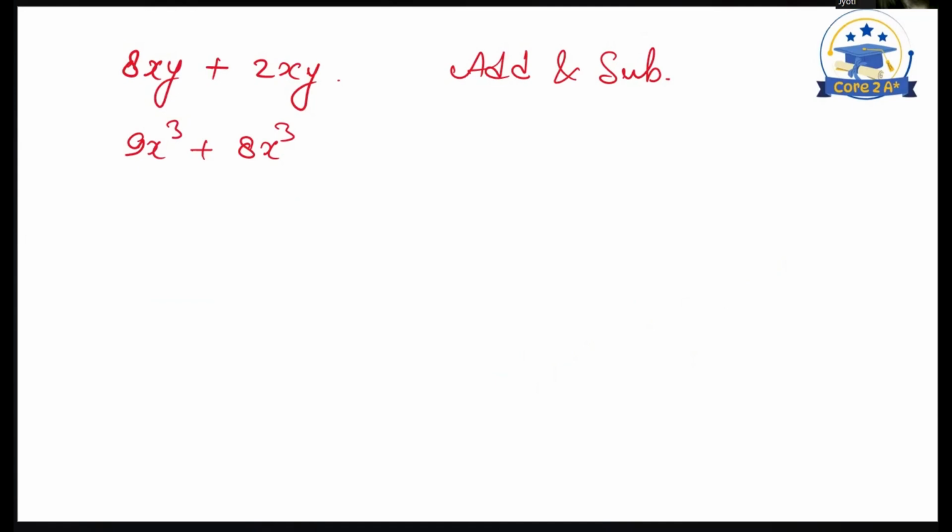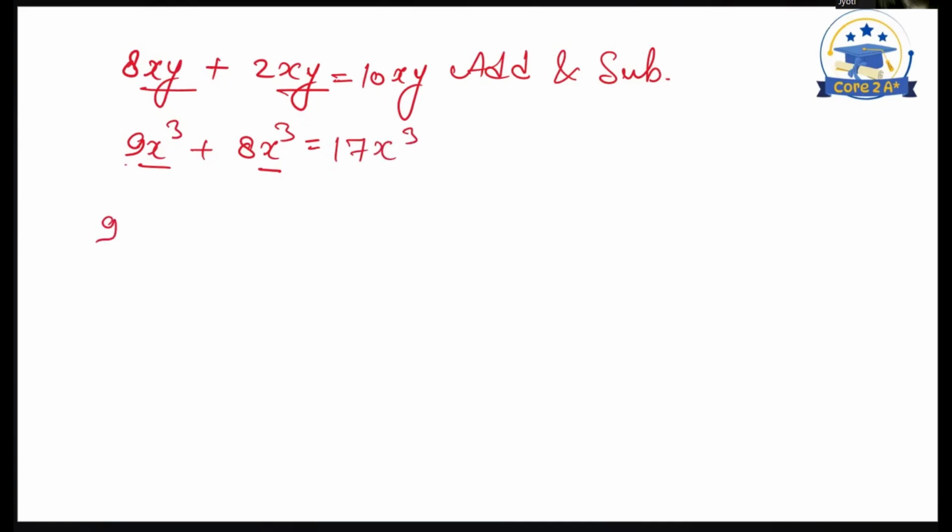We cannot add and subtract with unlike terms. Both have the same variable, xy, xy. That's why we can write 10xy. Here both have the same variable, that is x cube. So 9 plus 8, 17x cube.